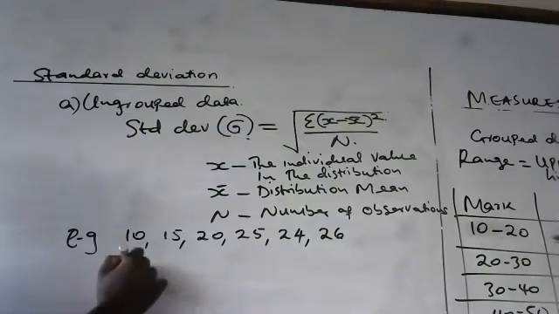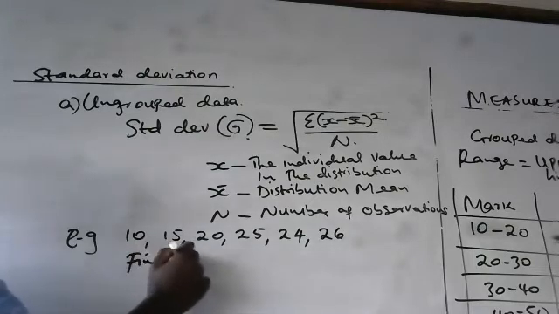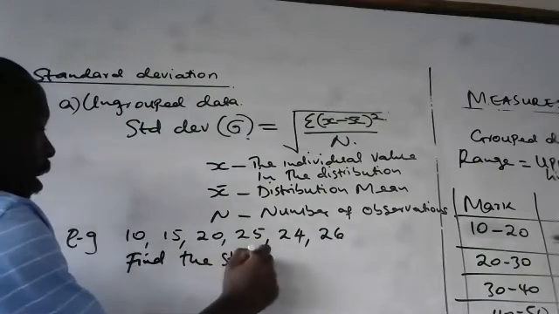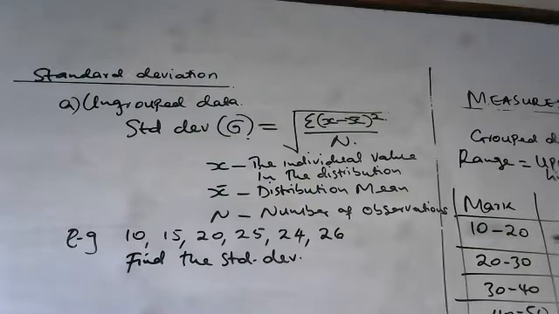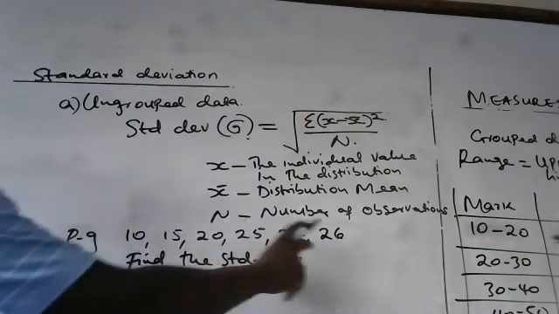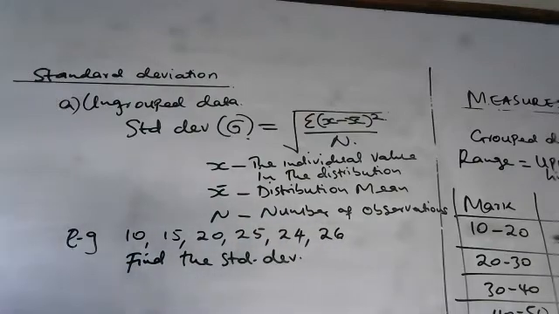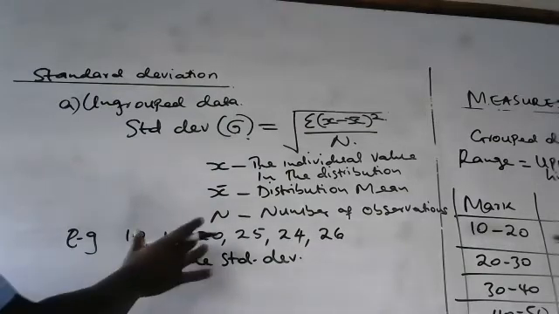And then you are told, find the standard deviation, or you calculate the standard deviation. As I said earlier, you cannot get the standard deviation before you get the mean. And this being ungrouped data, we have just come from a conversation about how we get the mean for ungrouped data.